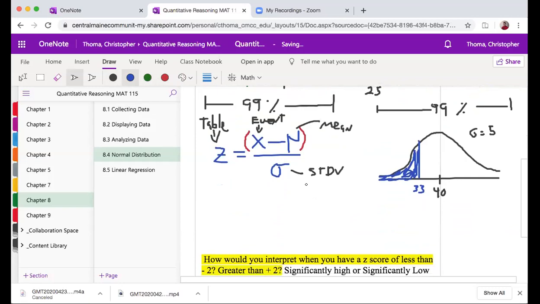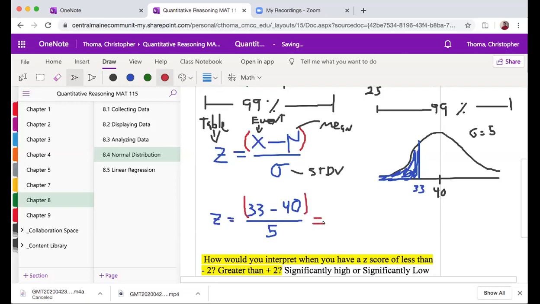So now I just start putting numbers into the formula. Z equals, my X is where I started coloring, so that's my 33. My mean is 40, so I subtract 40. And I divide by my deviation of 5. And I'm going to throw this horrible guy into parentheses, just so we don't mess up our calculations.